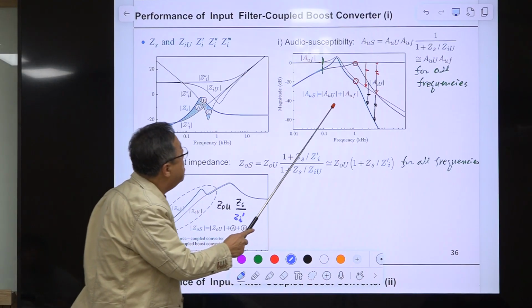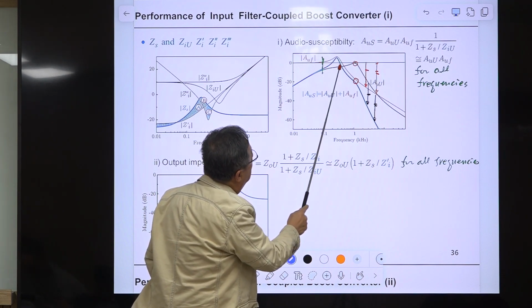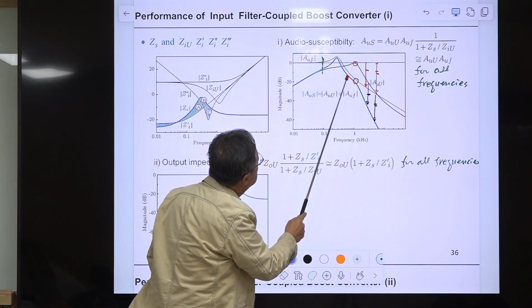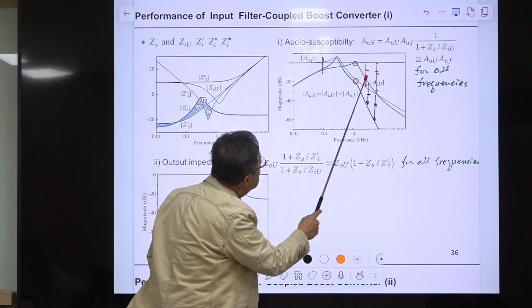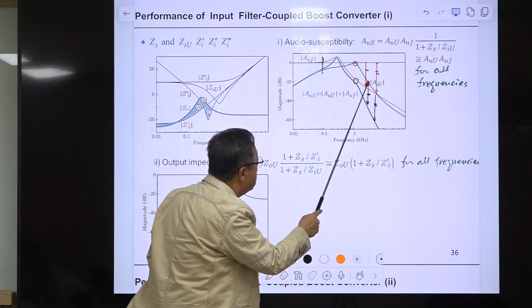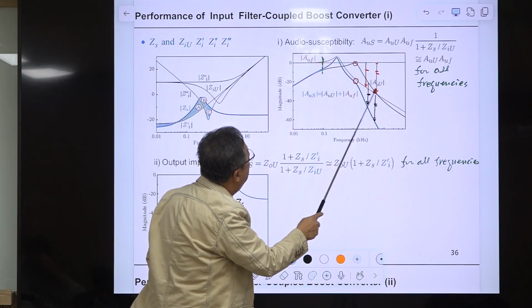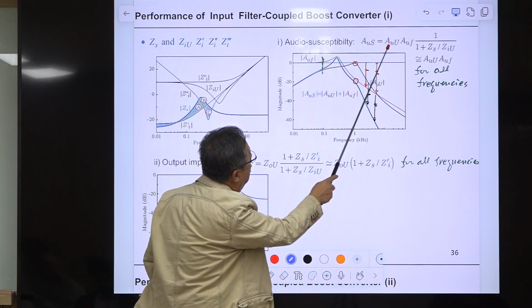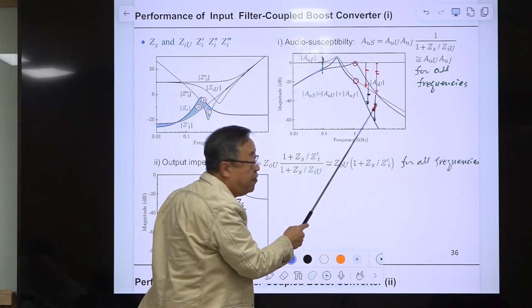In this region, the input to output transfer function of the uncoupled converter is this one, and the low-pass filter is providing this much attenuation. Then you should add this one here. This and this are the same thing. By lowering this, the curve follows here, and this is the attenuation of the filter at this frequency that should be added. This is the attenuation of the converter, so this one is the same as this one in length.